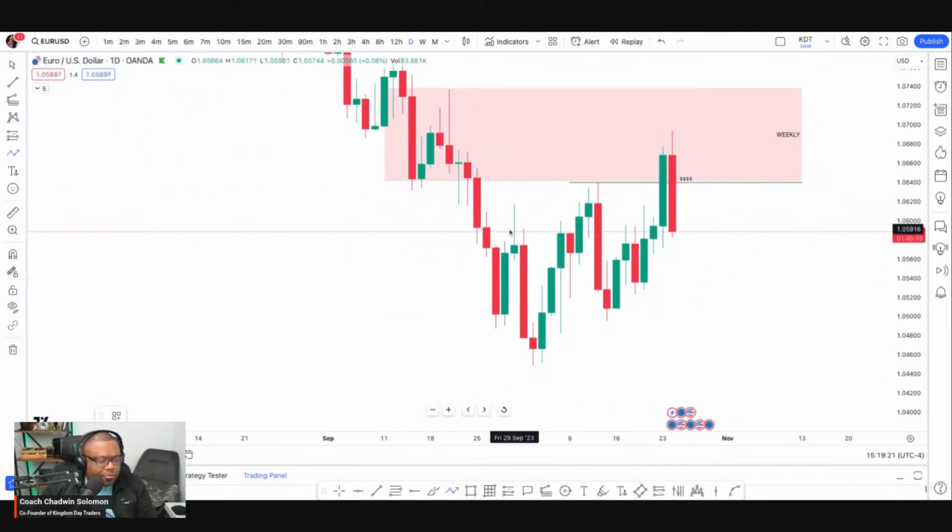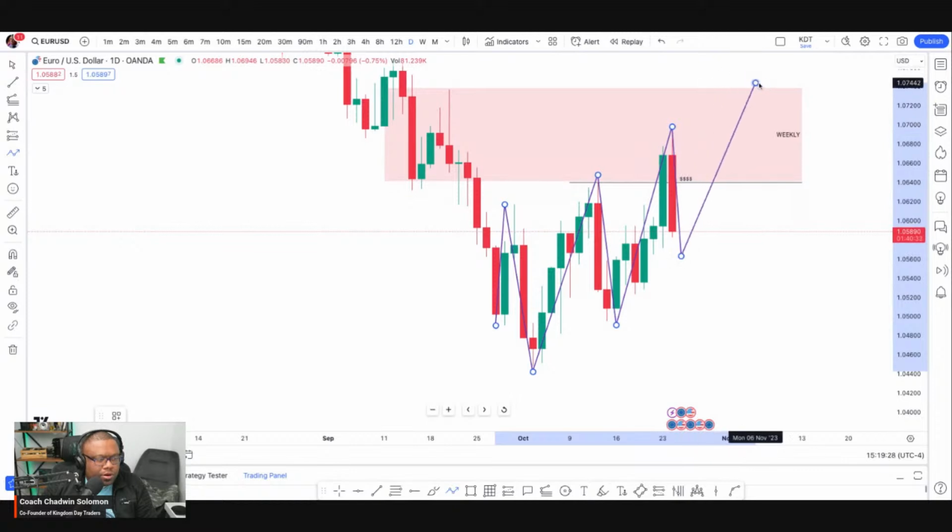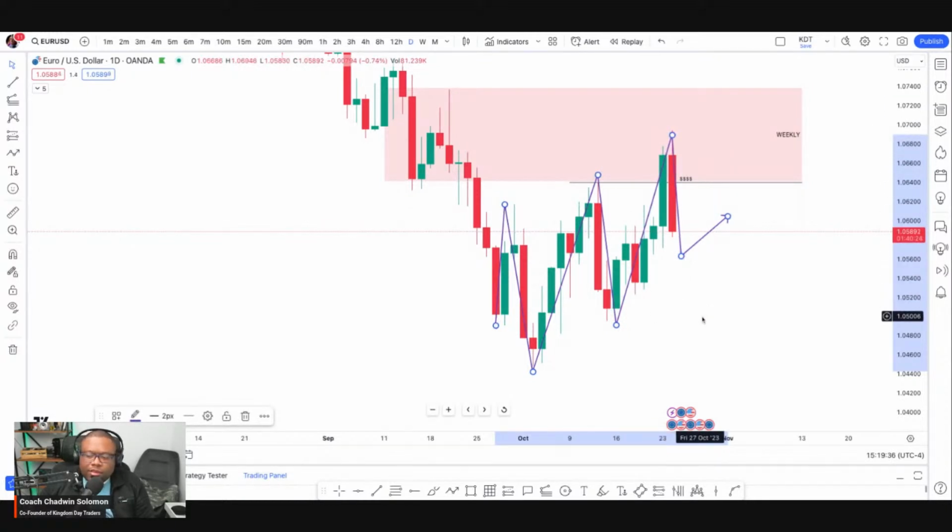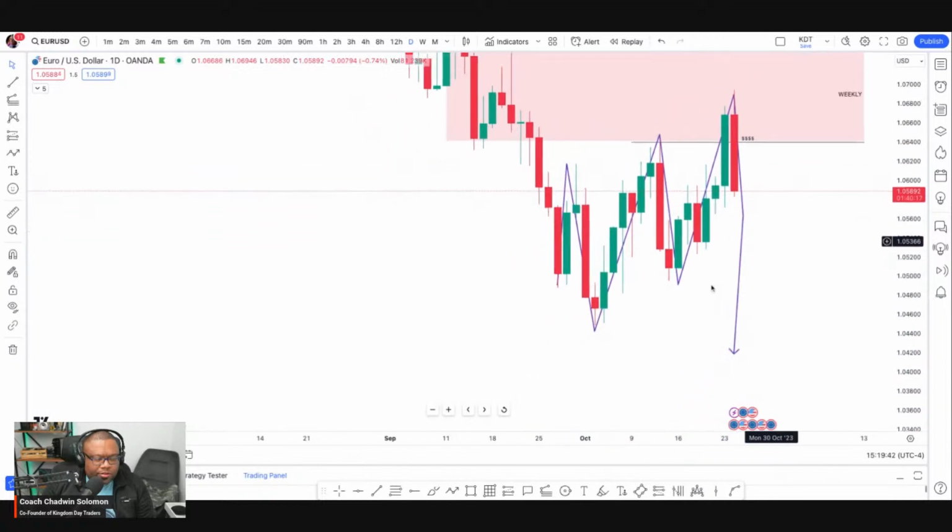Now, if you're only looking at the daily, your expectation should be this. I'll show you. Right. But here's the issue. We now know that we've hit a weekly zone, right? And since we've hit that weekly zone, there's also the possibility we might see some downside here.